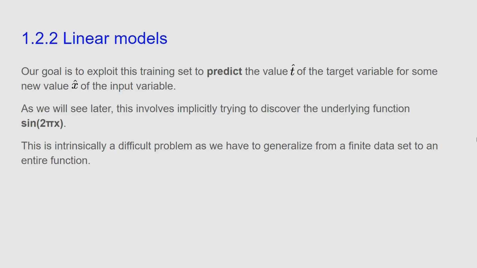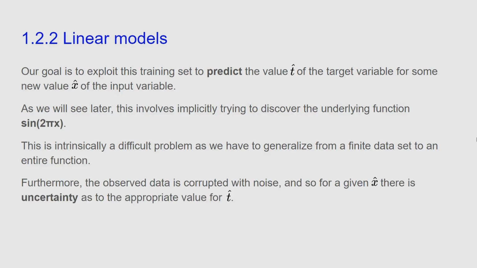This is intrinsically a difficult problem, as we have to generalize from a finite data set to an entire function. Furthermore, the observed data is corrupted with noise, and so for a given x-hat there is uncertainty as to the appropriate value.